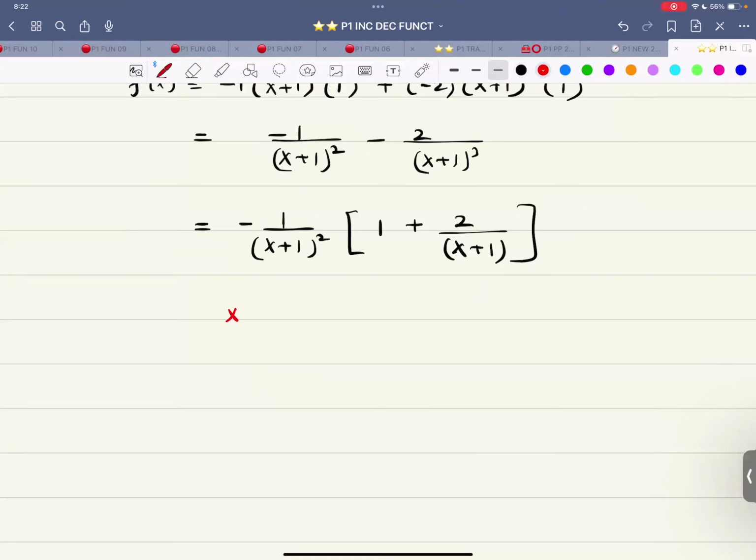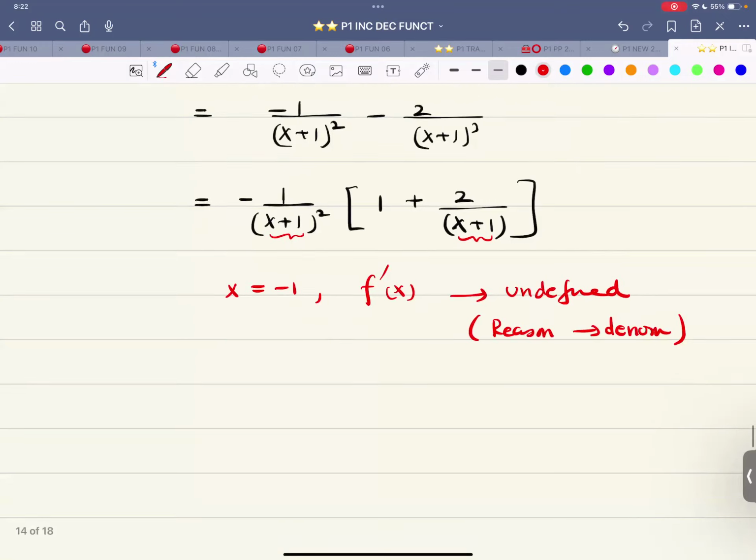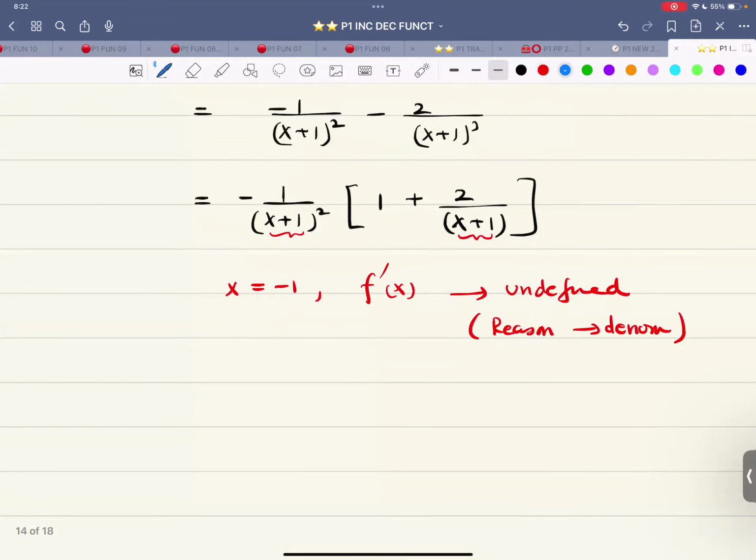When x is -1, f prime x will be undefined, because if I plug in -1 over here, the denominator is 0. Reason: denominator is 0. So that's already out. That means for all other values, there is a square, there is a cube.